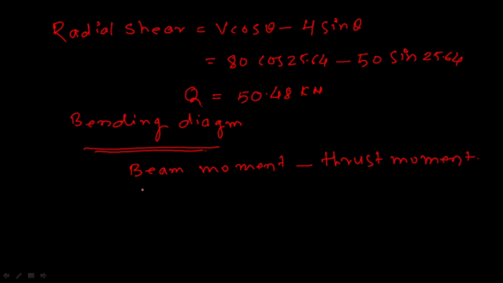So first draw the bending moment diagram for the beam, and then draw the bending moment diagram for the thrust, and then superimpose. That gives the combined bending moment diagram.